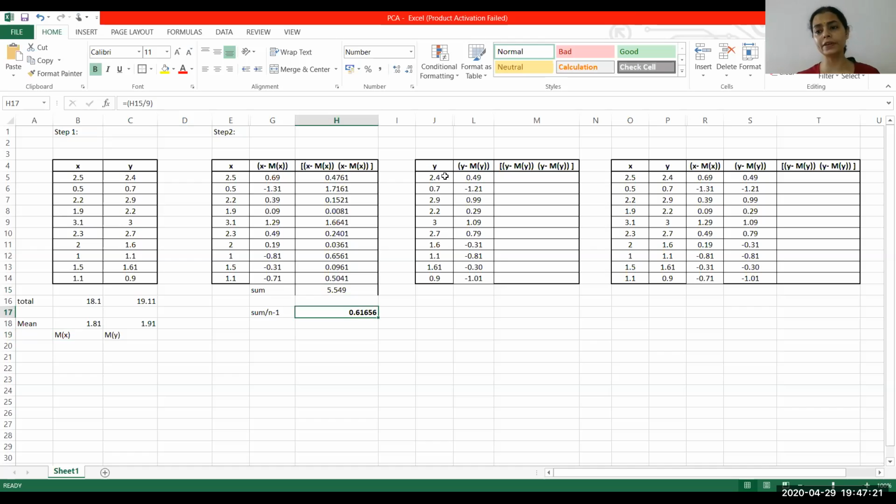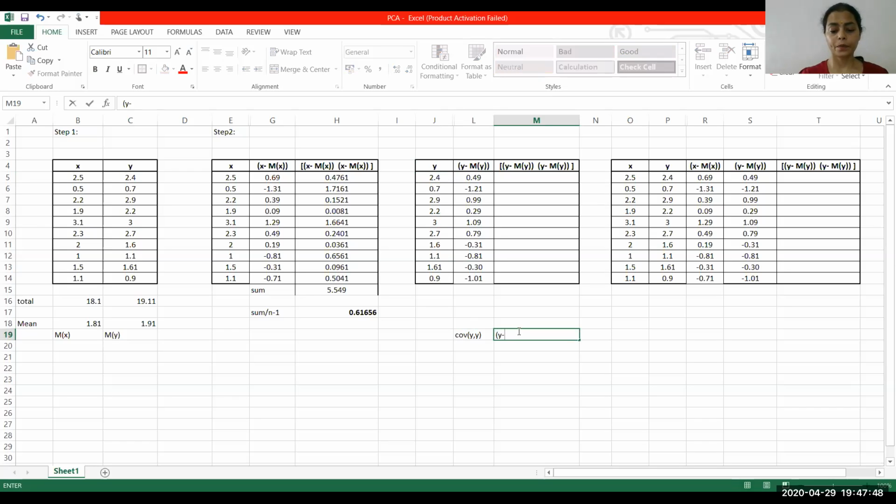To generate the covariance of y with y, we need to first generate, for all i ranging from 1 to n, the value of y minus the mean of y, that is y minus y bar, for all i from 1 to 10.